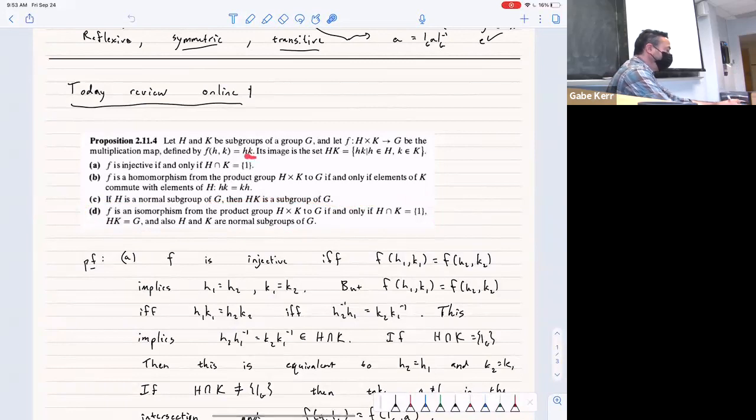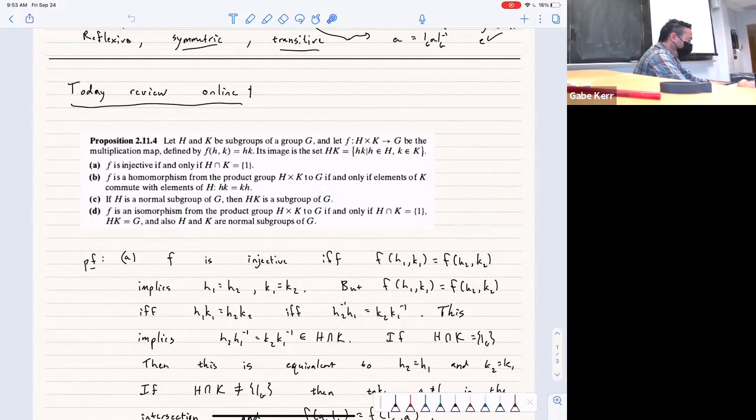What we see in A, which we did prove, is that this map is an injection if and only if the intersection of the two subgroups is 1. In B, it says that this map will be a homomorphism if the elements of H commute with those of K. Okay, so we get that.